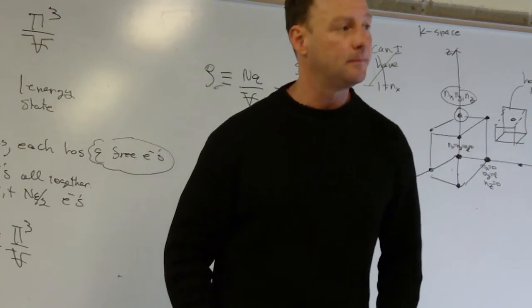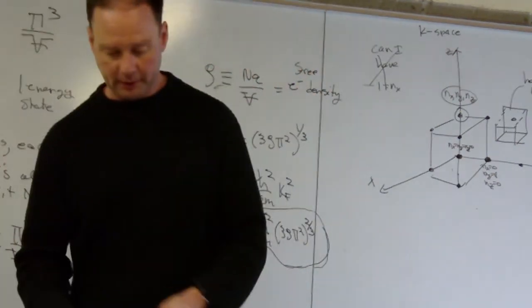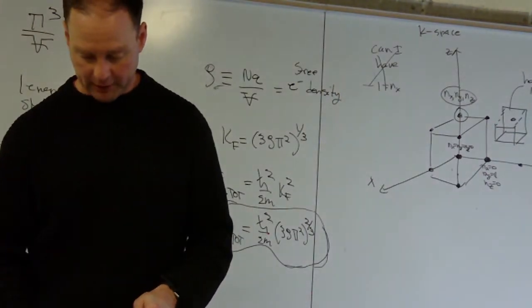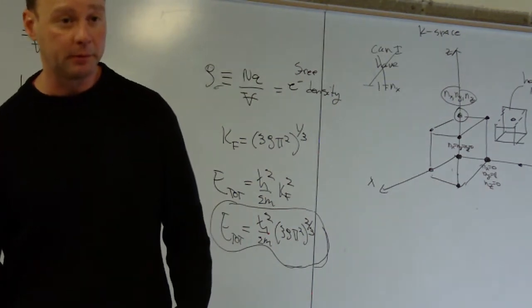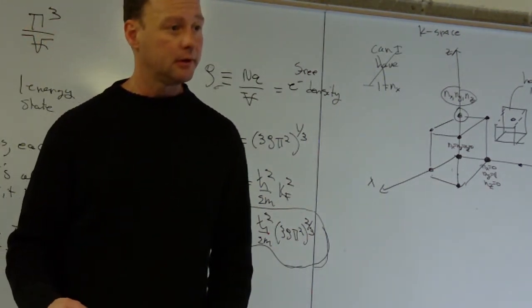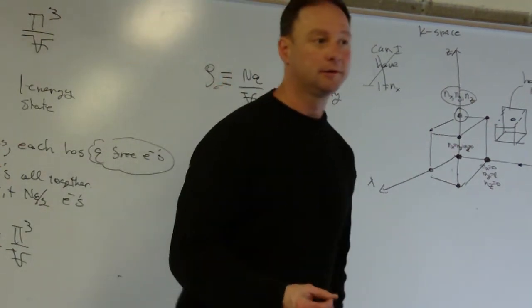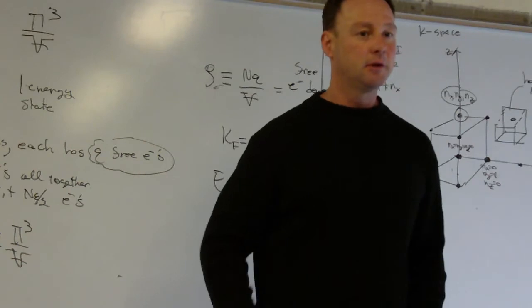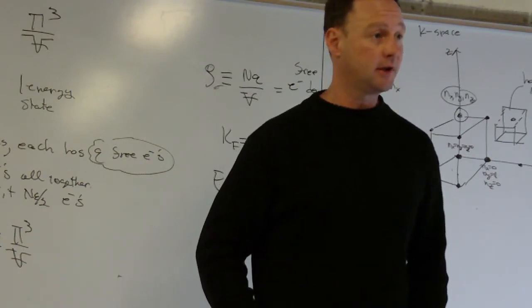But here's the scoop. Under normal conditions, I'd like you to go back to the problem on page 23. So do this for homework on page 23, problem 1.18. They talk about what is cold. When things are cold, the Fermi energy is going to be this highest energy state.